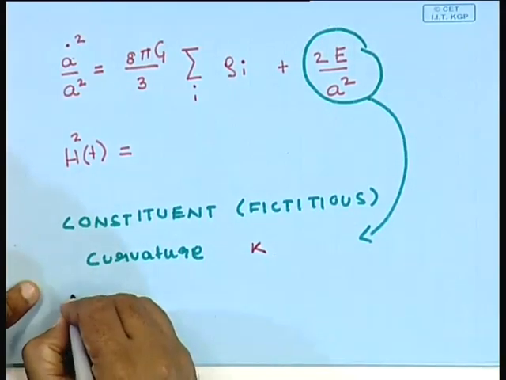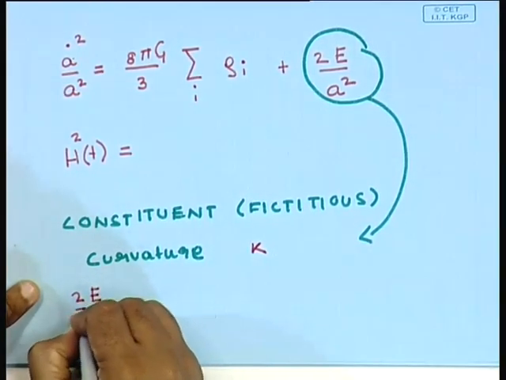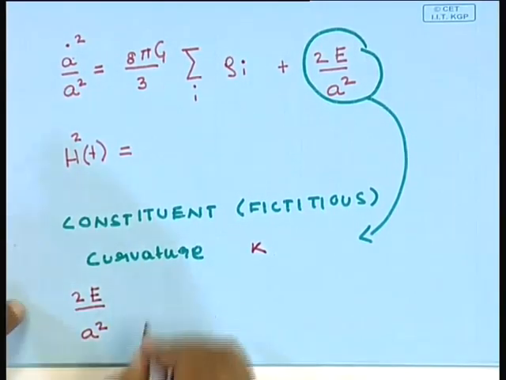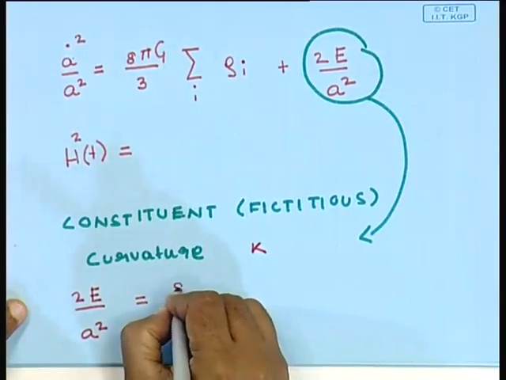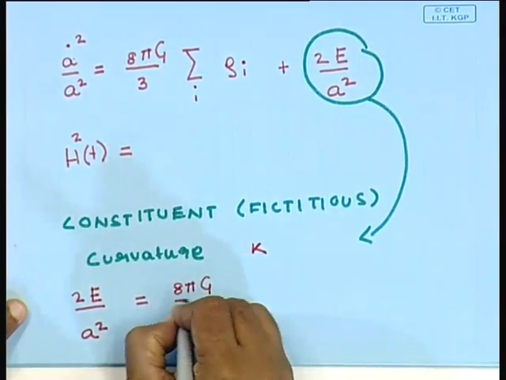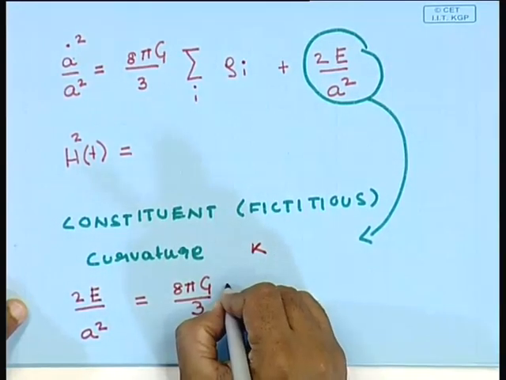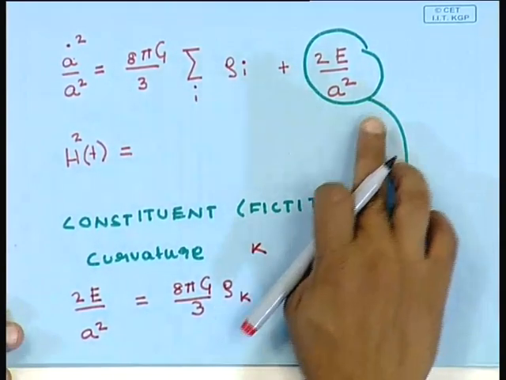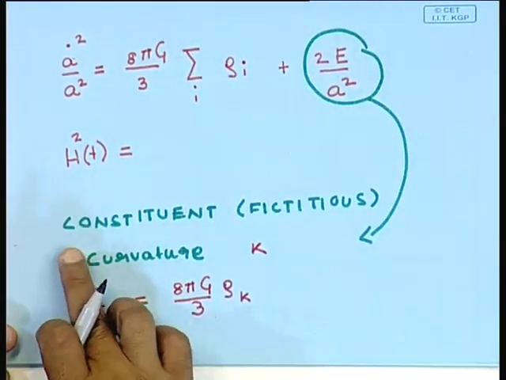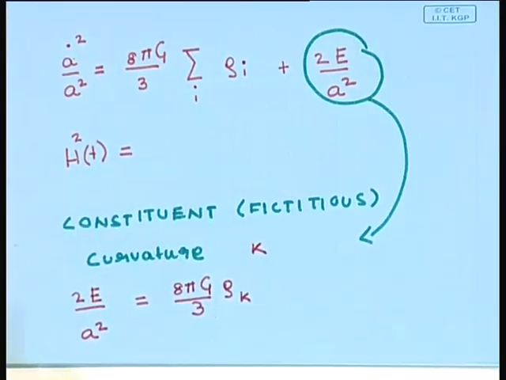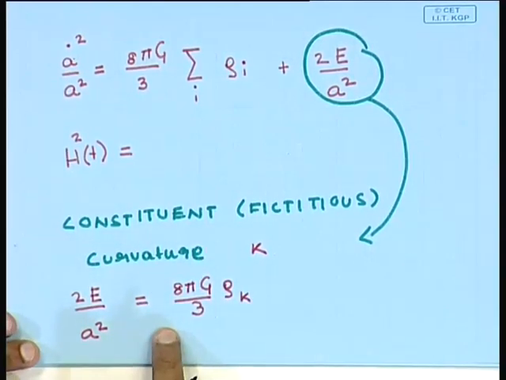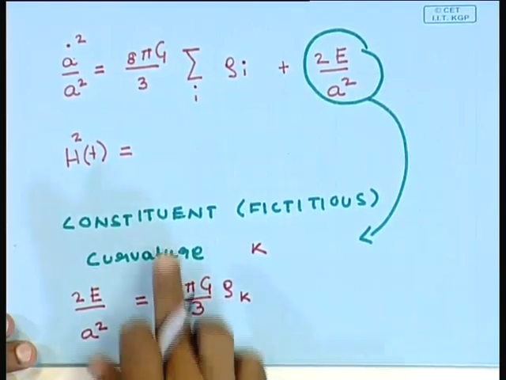So, this term 2E by a squared we shall write as 8 pi G by 3 rho curvature. So, we are going to interpret this term as a fictitious component of the universe, the curvature component, and we have represented it as 8 pi G by 3 into the density of this fictitious component, the curvature.